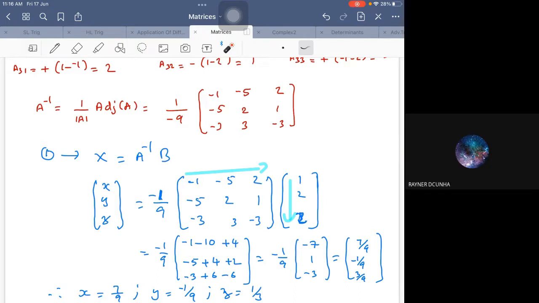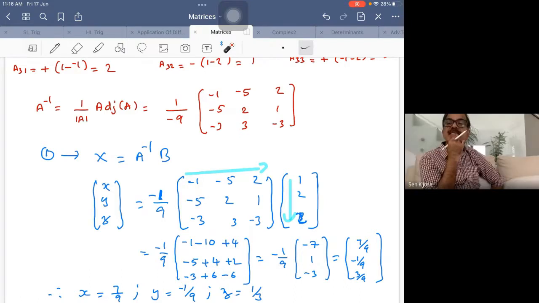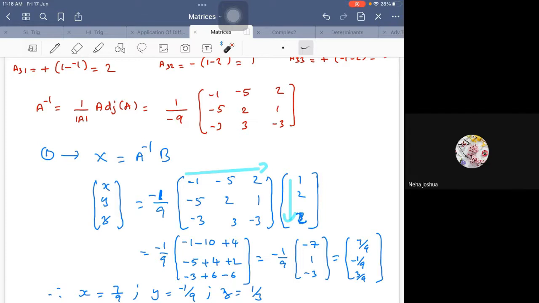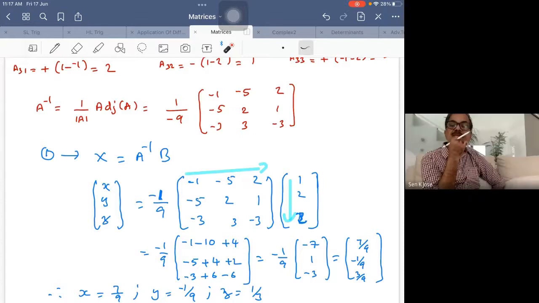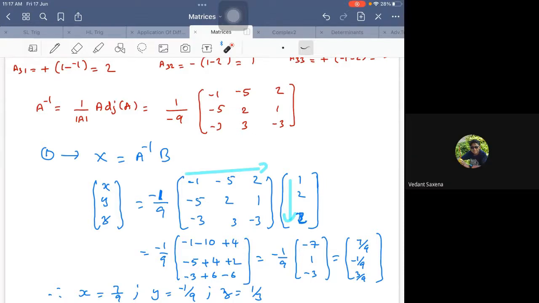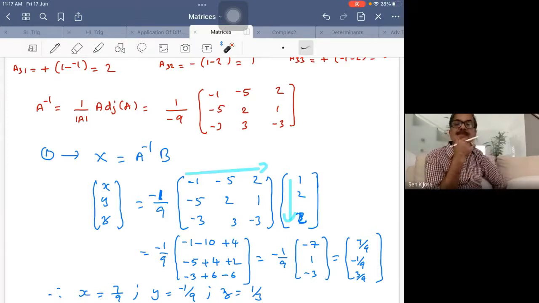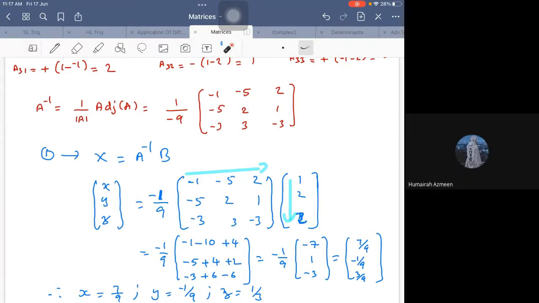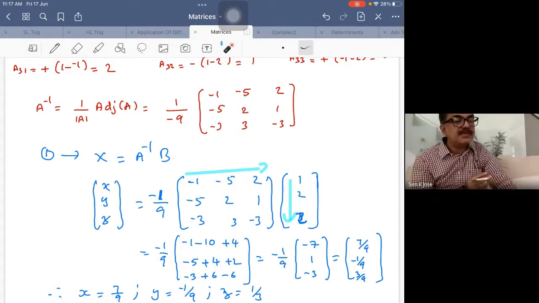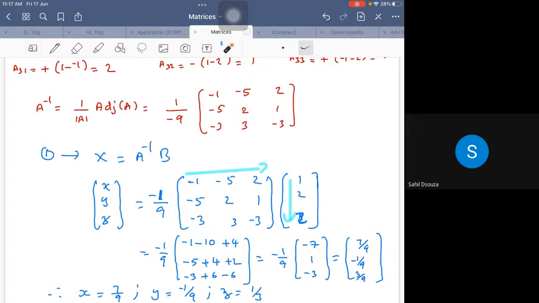Understood, sir. Neha? Yes, sir, I understood. Pranavi? Yes, I understood. Purvika finished? Got it, sir. Done. Vedant? Yes, sir. I made a mistake in between, but now I got it. Yeah. Sumera? Yes, sir. Sahil, tell me when you finish. I finished now. Okay.